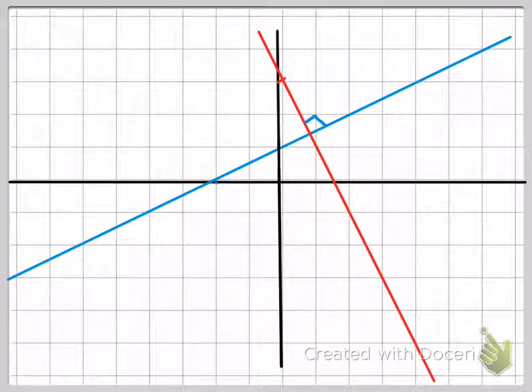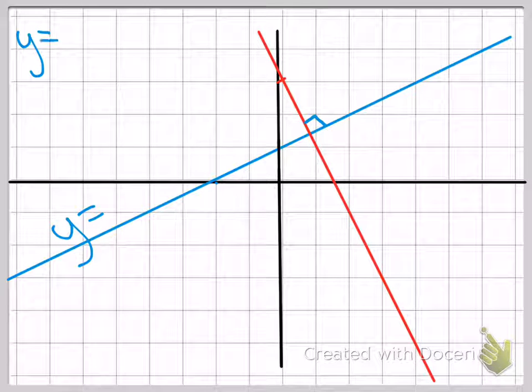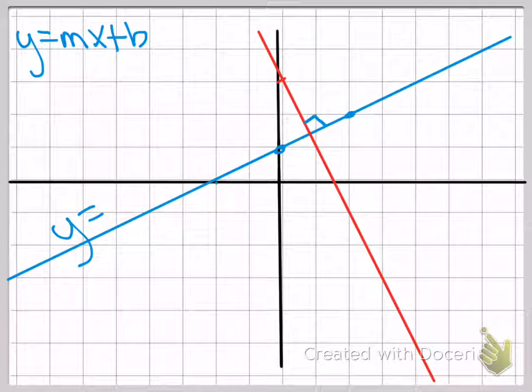All right, let's practice a skill that we need to know. That is, how do we write the equation of the line from a graph? So what is the equation of the blue line? Remember, we're in slope-intercept form where we have to identify the slope and the y-intercept. So Devin, what's the slope of our blue line?